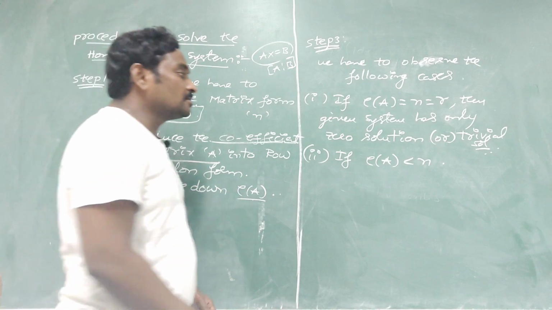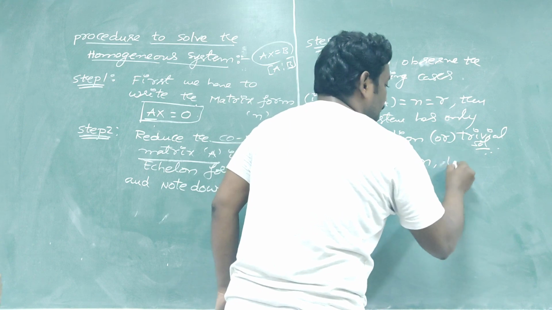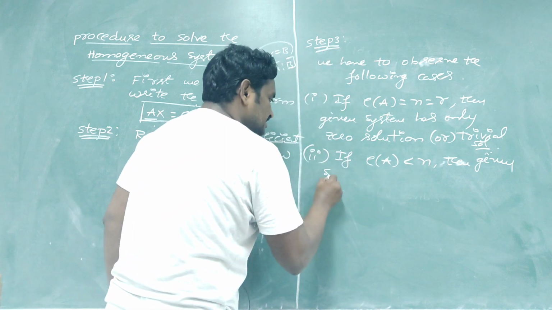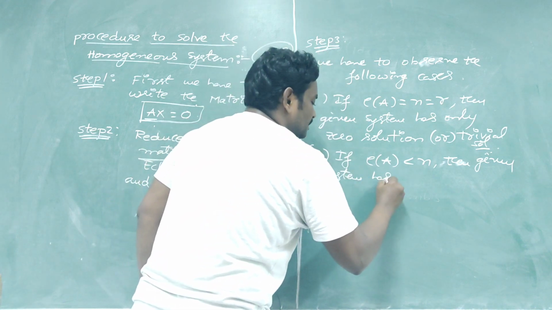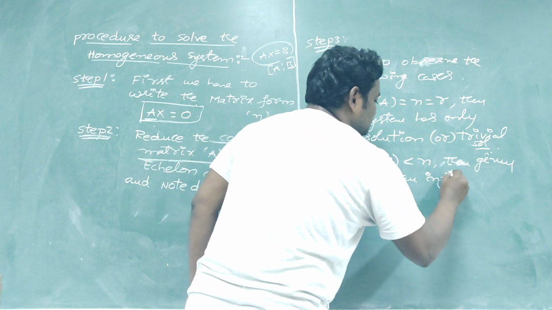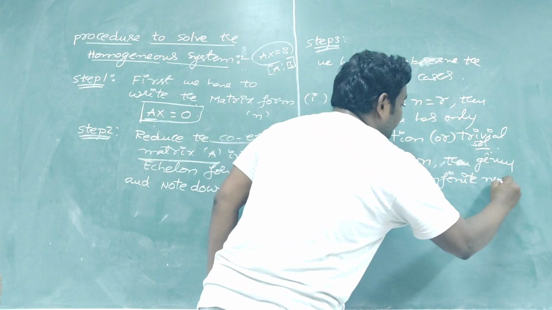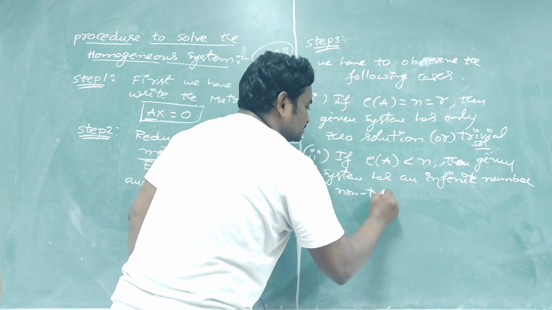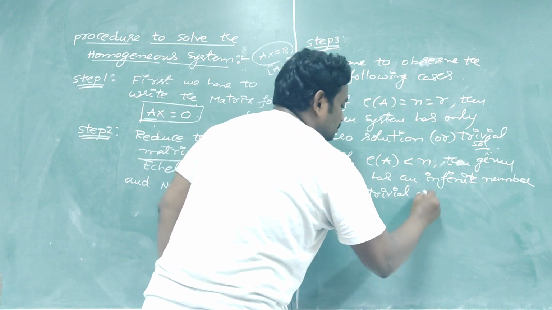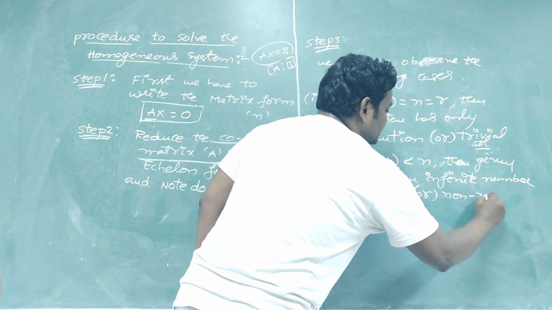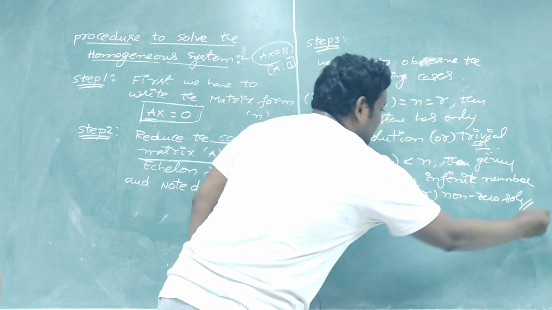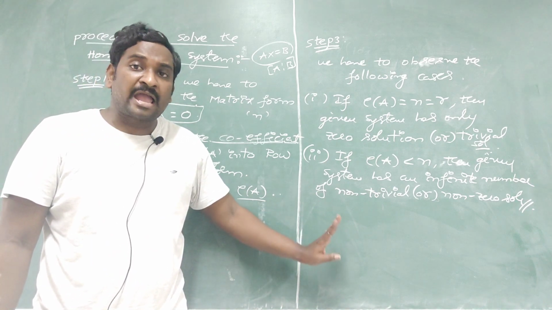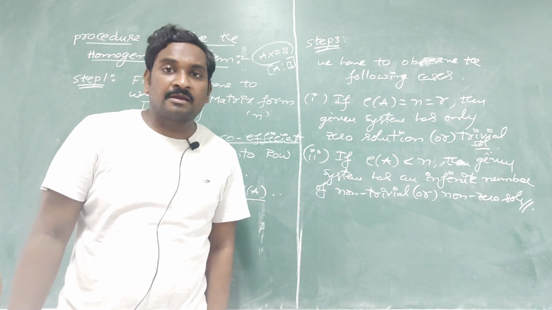In such cases the given system has an infinite number of non-trivial solutions. Non-trivial is nothing but non-zero solutions. Don't forget it. This is the procedure. I will explain in the example problems how to find those infinite non-zero solutions.